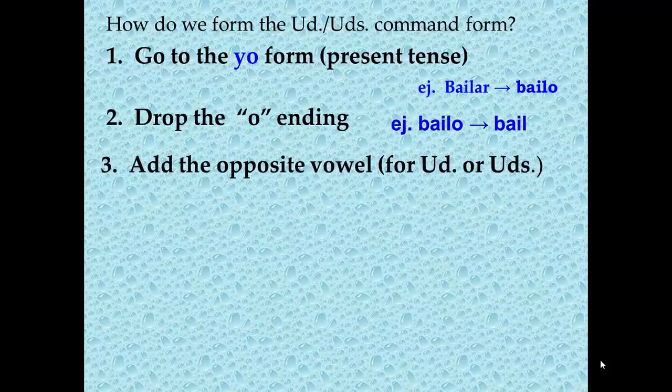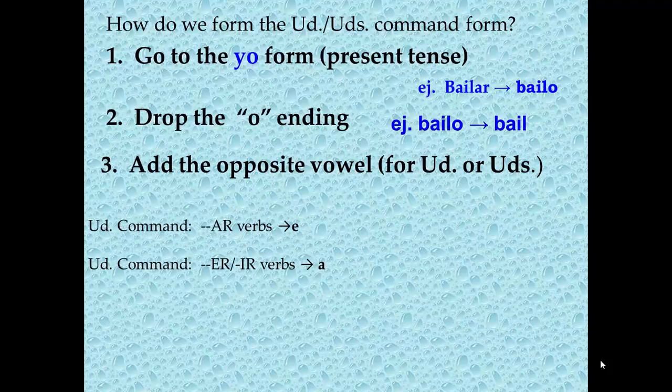Then we're going to add the opposite vowel for the usted or ustedes, the opposite ending. So that looks like this. If you are making a usted command for an AR verb, you're going to put an E at the end of the word. If it is an ER or IR ending verb like escribir or correr, it would end with an A. So watch this.